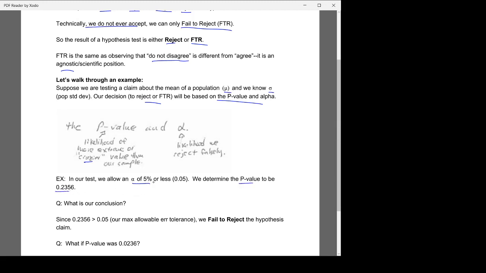What is our conclusion? So here was the mu, and here was our x bar, and our p-value was 0.2356. And what we said was, right here is our alpha, I'm going to say that's where the z sub alpha is.